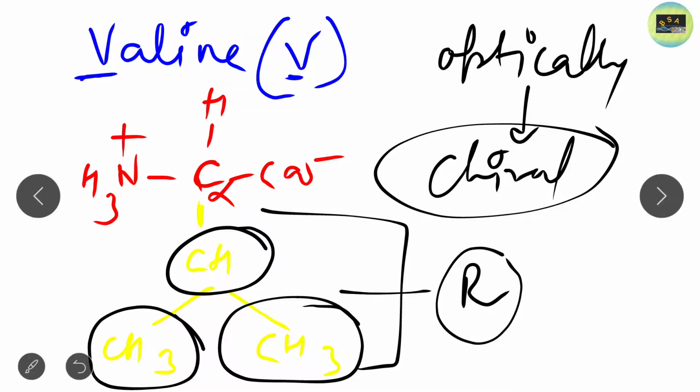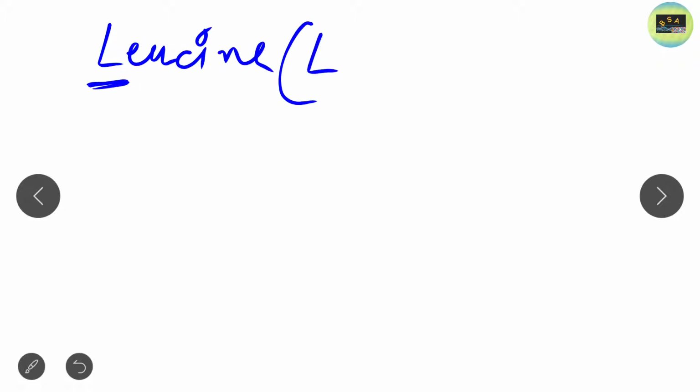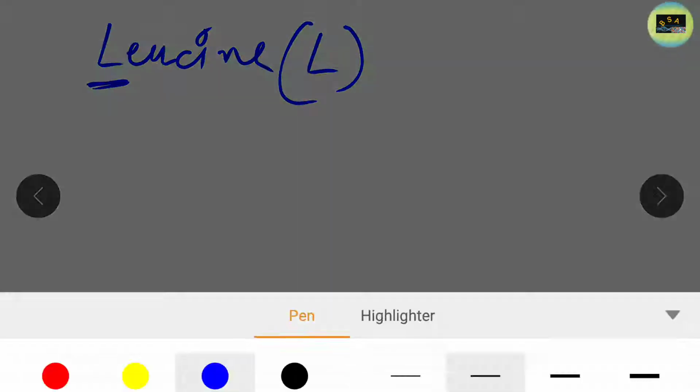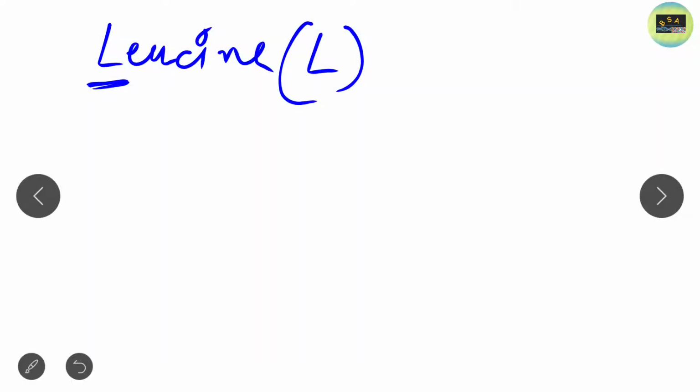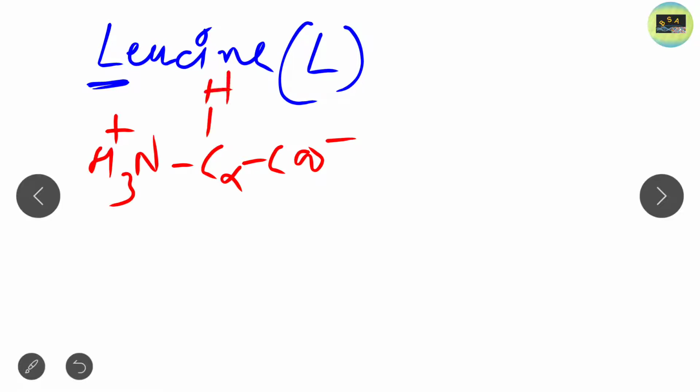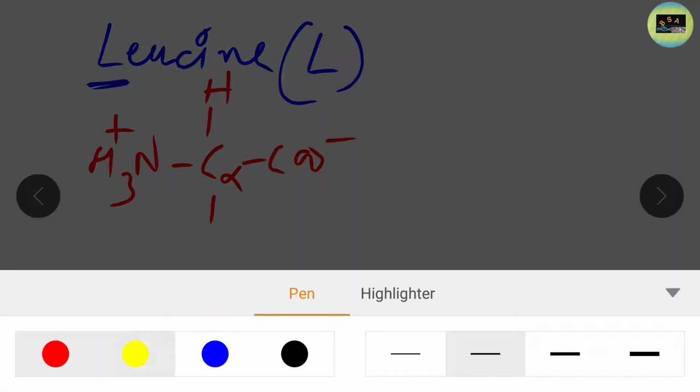Okay, now let's look at the structure of leucine. Okay, so L for leucine, the single letter code is also L. Now just look at the structure of leucine. These three are common, as you know. Okay, NH3 plus, this is the hydrogen atom. Now we draw it with yellow.